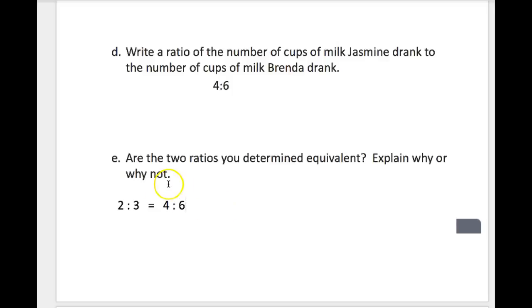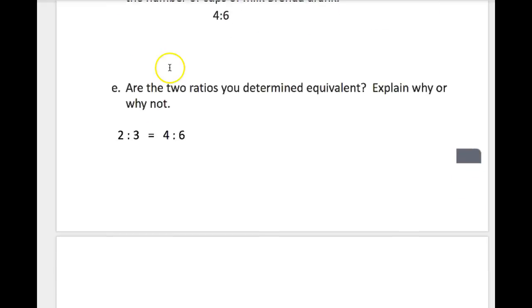So to determine whether or not these are equal, we're going to need to do our handy dandy drawing. So 2 to 4, you can get there by multiplying by 2. And 3 to 6, you can get there by multiplying also by 2. So yes, these can be the same.